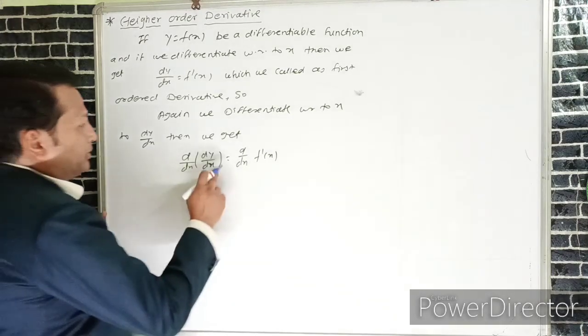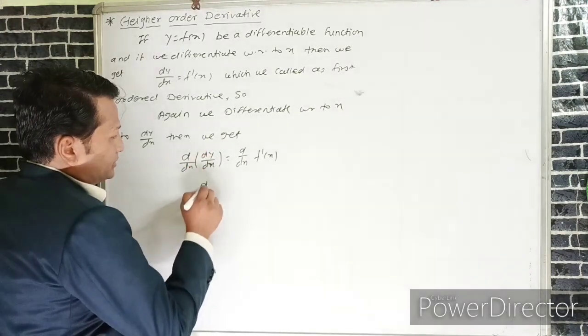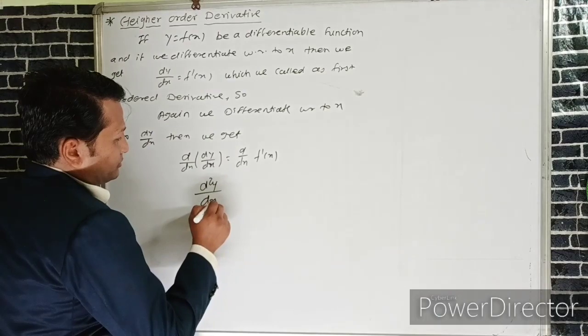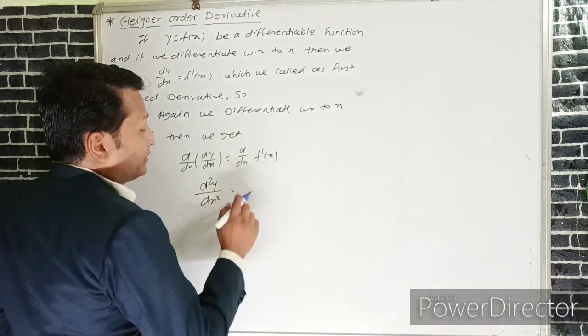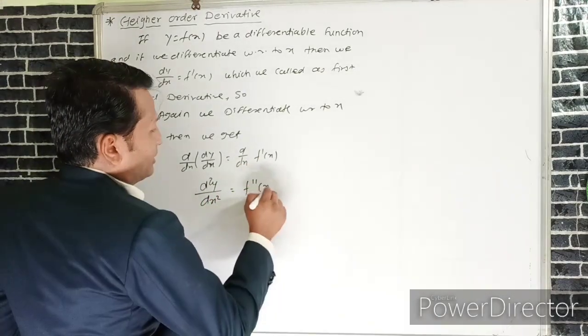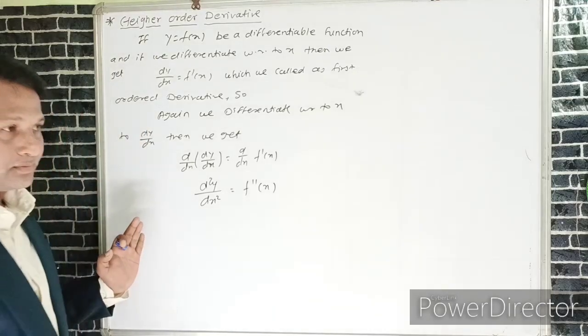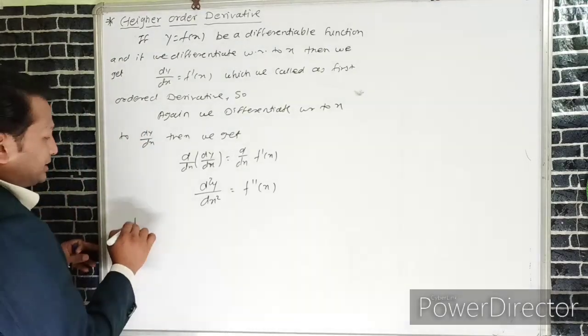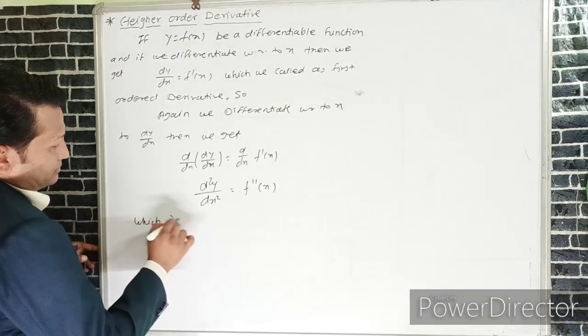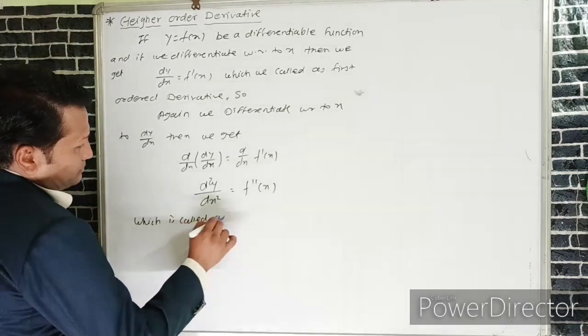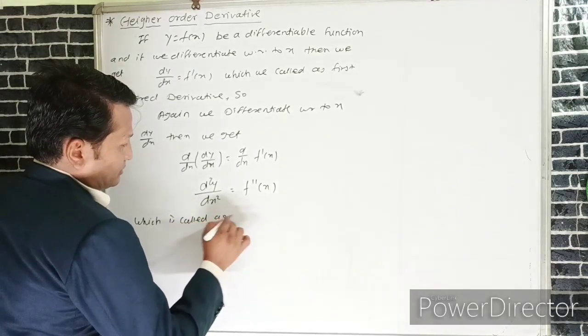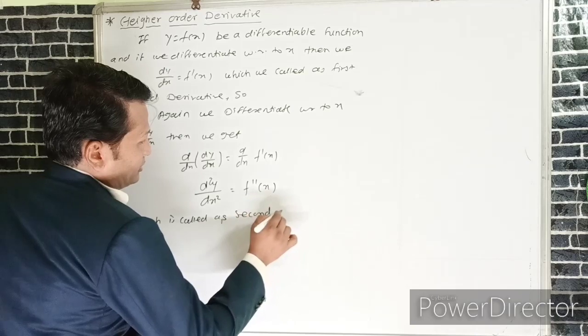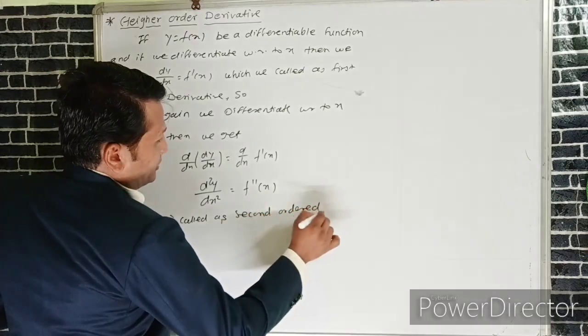The derivative of dy by dx is d2y upon dx square, which is equal to the derivative of f dash of x, that is f double dash of x, which is called the second order derivative.